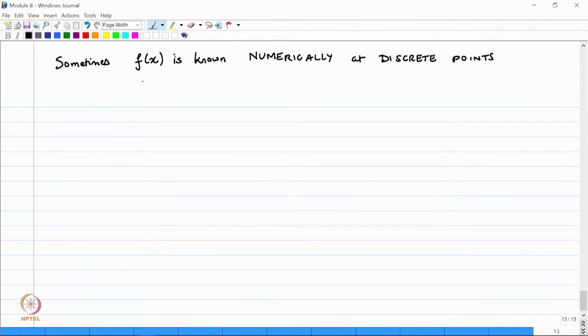In other words, your f of x, instead of being a continuous function, so suppose I take minus L to L, now I might have a function which I know only at discrete points.